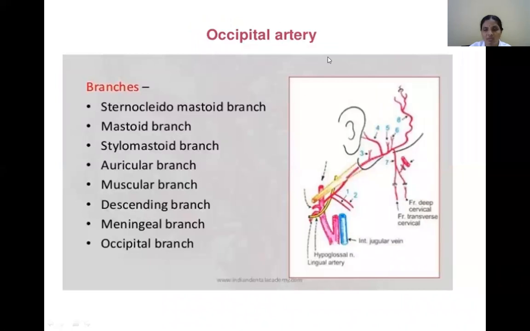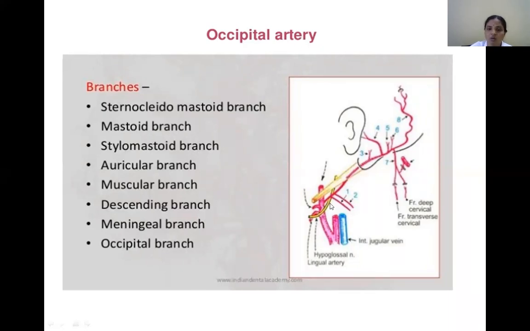Then coming to the occipital artery. The occipital artery takes origin from the posterior aspect of the external carotid, exactly at the level of the facial artery. Anteriorly it provides the facial artery, and at the same level posteriorly it provides the occipital artery. The occipital artery ascends towards the mastoid bone, where it lodges in a groove, the occipital groove, on the medial surface of the mastoid bone.